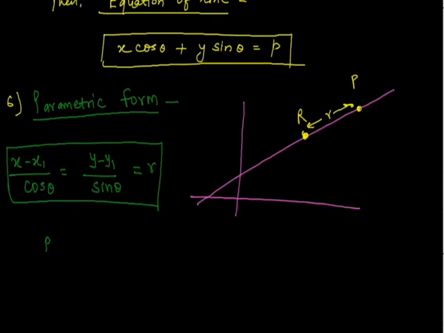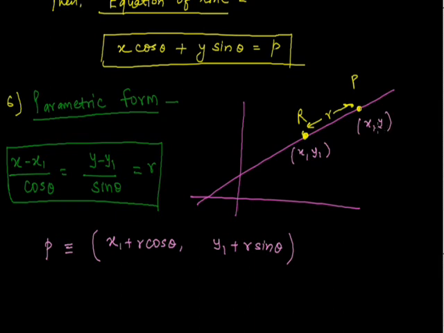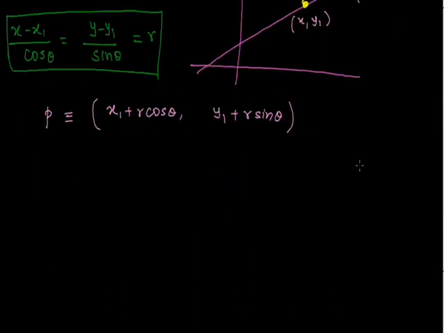So we can write the coordinates of point P as x1 plus r cos theta and y1 plus r sin theta. These are the coordinates of a point at a distance of r from the given point (x1, y1). We have to find the coordinates of any general point having distance r from the given point x1, y1.